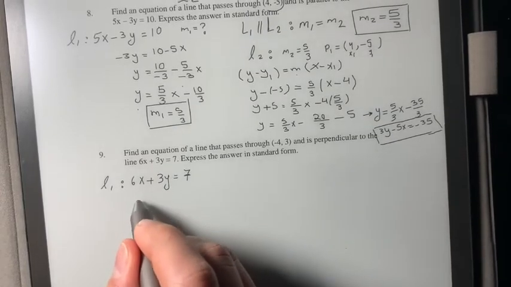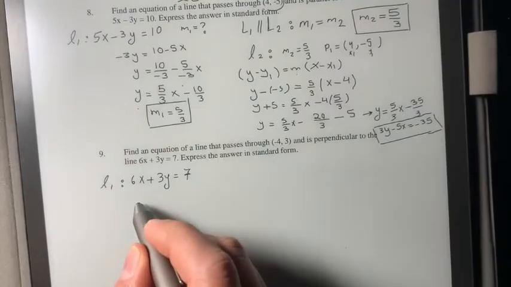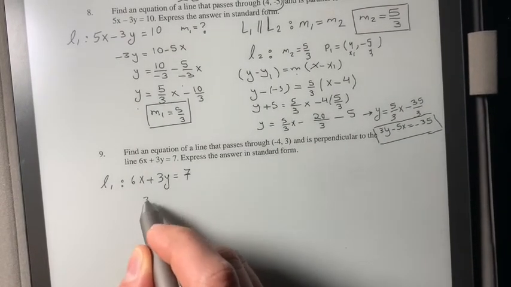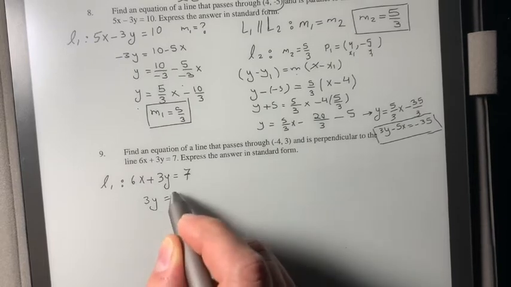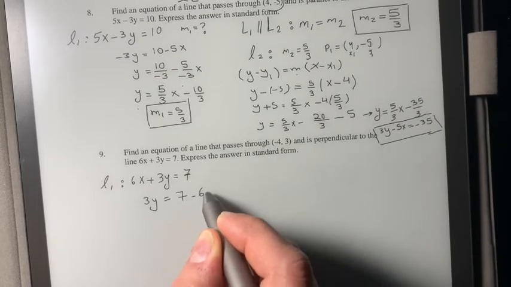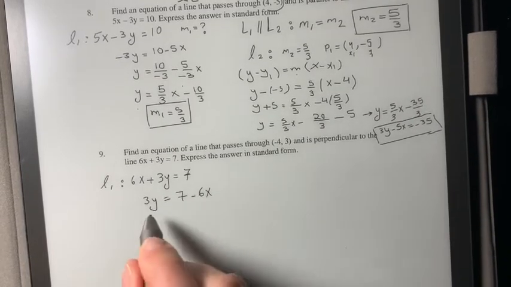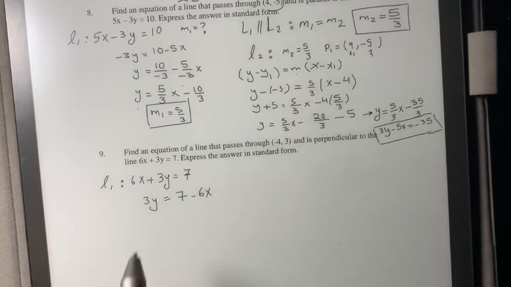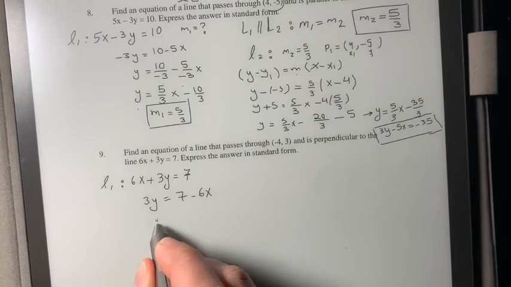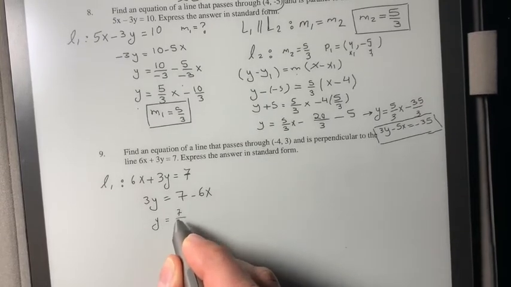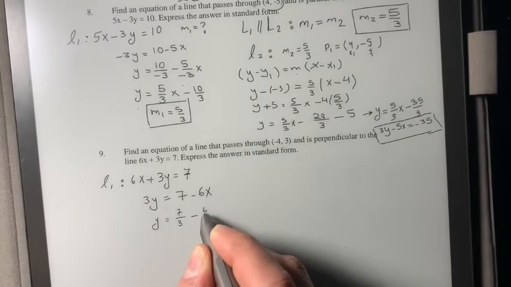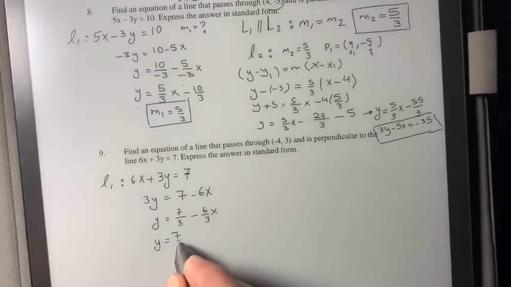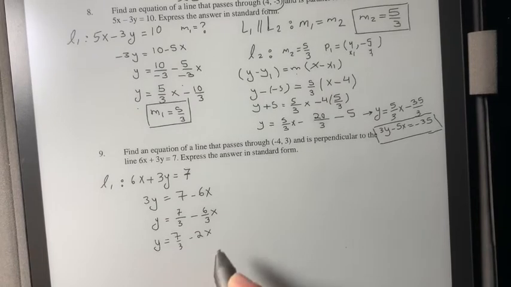So let's organize this the way we did in a previous question. I want to organize it in a way that I can bring out the slope. So I'm going to subtract 6x from each side to make it like a slope-intercept form. Then divide everything by 3. We have 7 over 3 minus 6 over 3x. y equals 7 over 3 minus 2x.